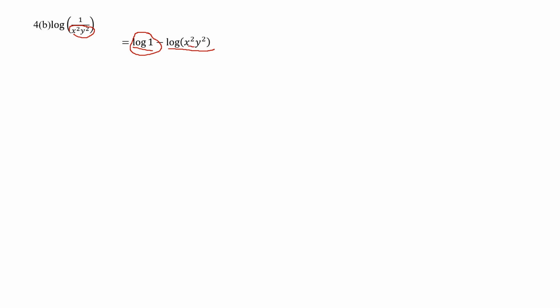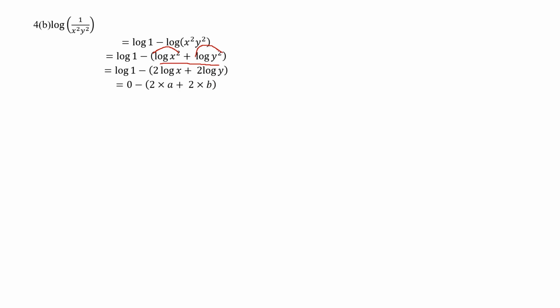Then we also dismantle this one here, because there is a multiplication there, which implies that 2 logarithms were being added, which is this here, log of x squared plus log of y squared. So the 2 somersaults here and also the 2 somersaults there.